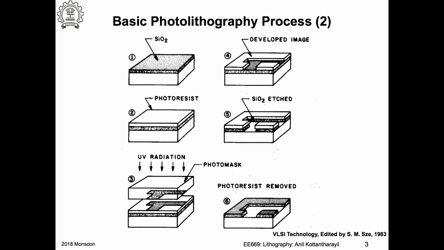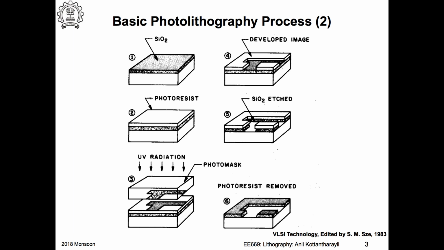Now I have the silicon dioxide exposed in this window in the photoresist. So I can dip this in a chemical solution which would etch the silicon dioxide but should not etch the photoresist. You can use what is called buffered HF for doing this, and etch out the silicon dioxide in this region.